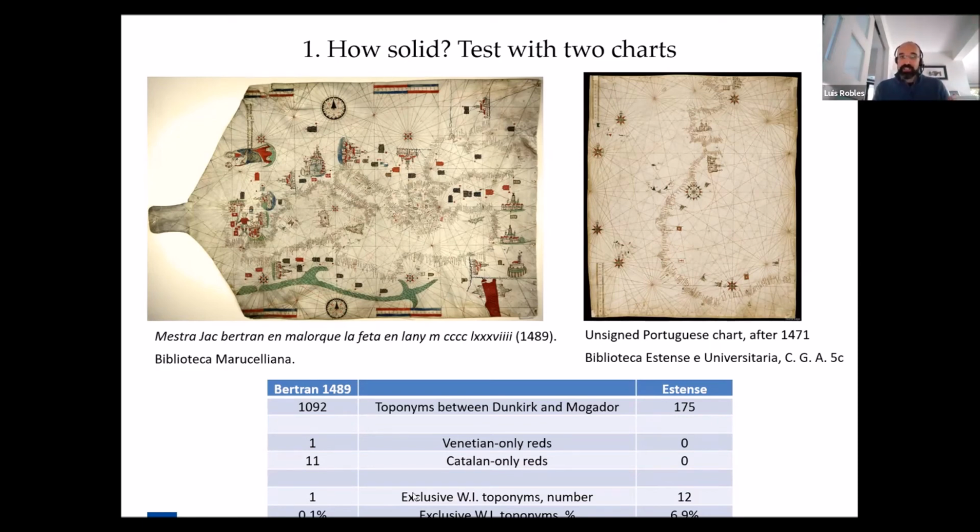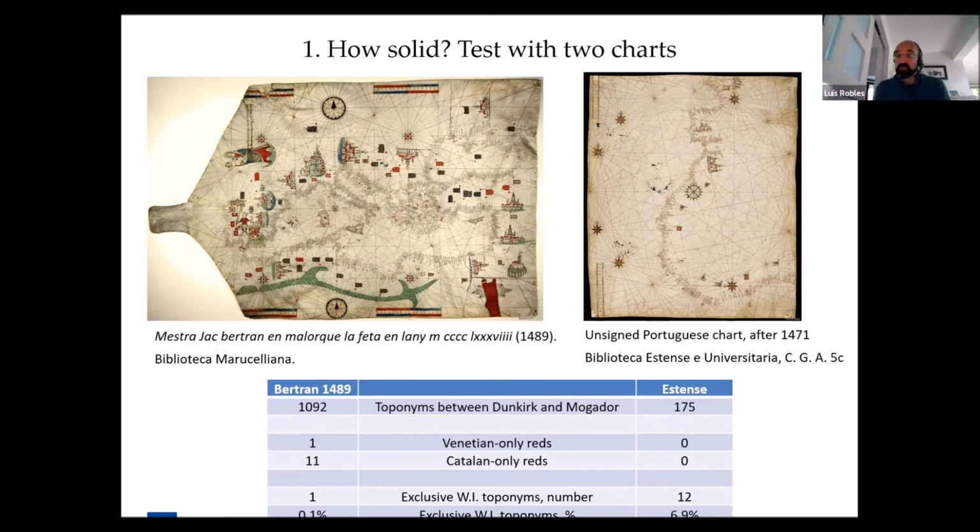And then when I checked their toponyms with what I call the exclusive West Iberian toponyms, that set of 100 toponyms that are only used by several West Iberian map makers, Bertrand has one. It's true, I would have expected 0, but it has 1. Again, we learned that there may be some small errors in these categories.